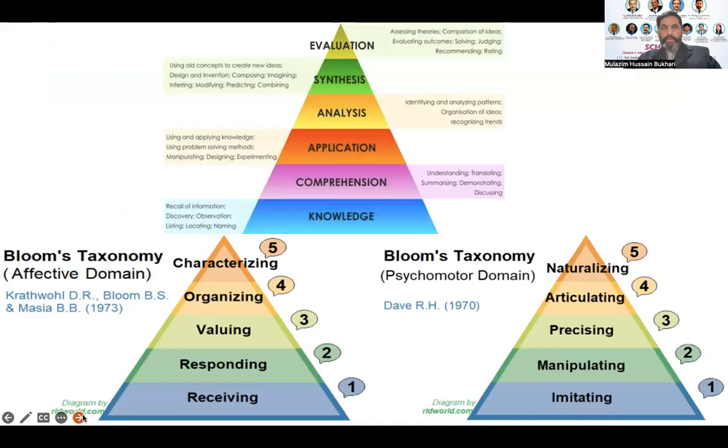This was the first thing. The cognitive domain starts from knowledge, comprehension, and application. As I told you, from simple to complex: analysis, synthesis, and evaluation. In the affective domain, we start from receiving, responding, valuing, organizing, and characterizing.